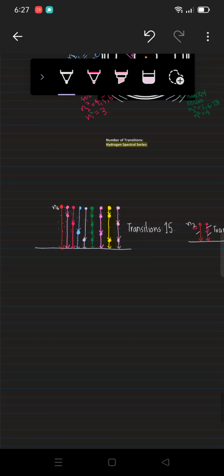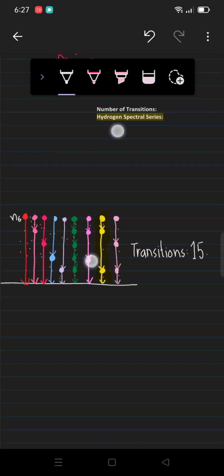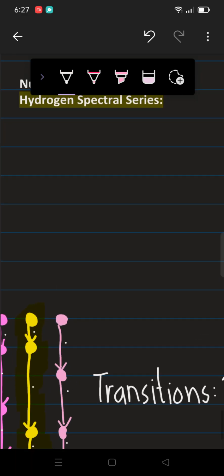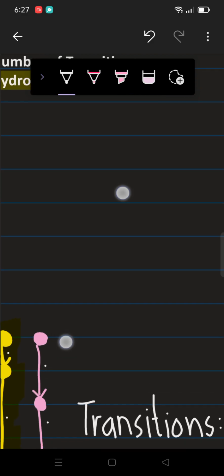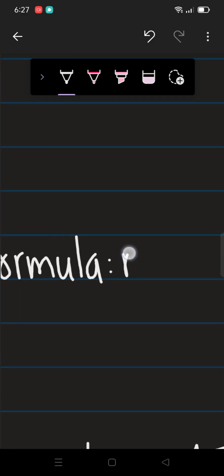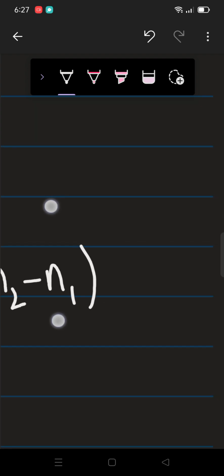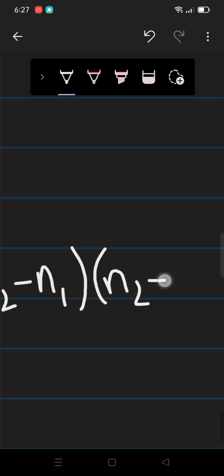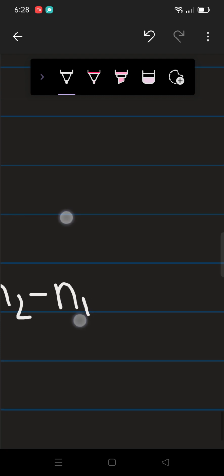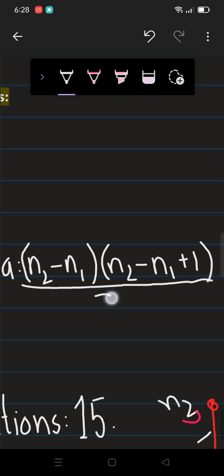Now why use this very big method? Why aren't we using a small method? We have a formula for this as well. Let me tell you the formula. The formula for finding the transitions is (n2 minus n1) multiplied by (n2 minus n1 plus 1), divided by 2.